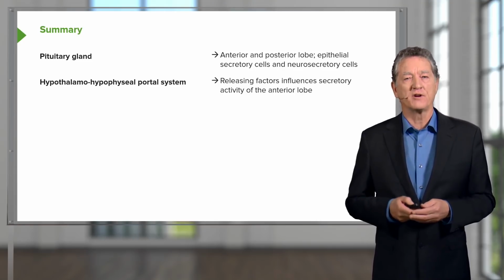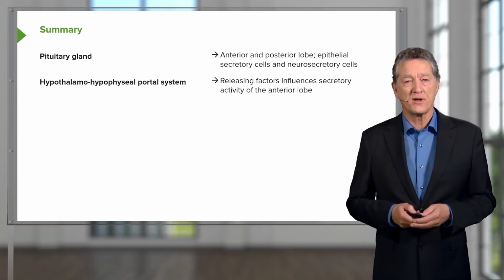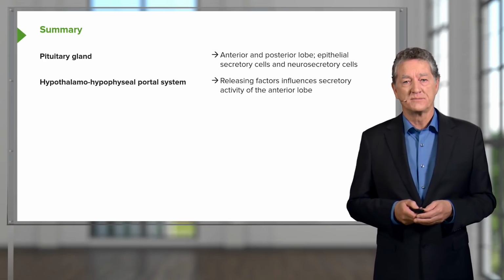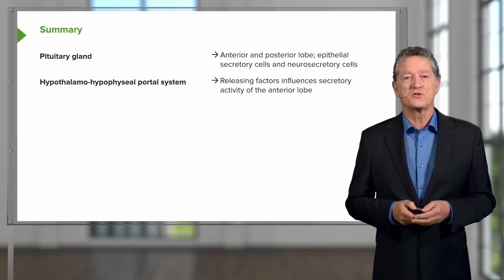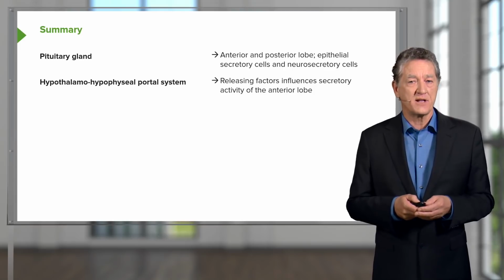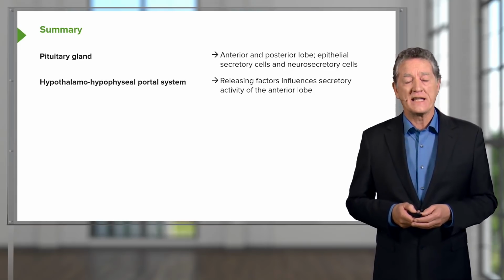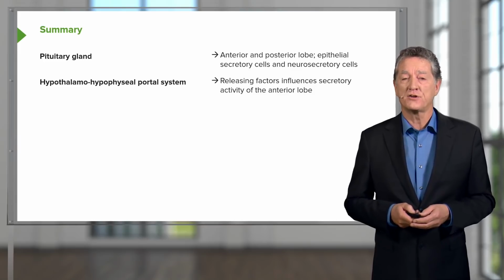It's also very, very important to understand the hypothalamo-hypophyseal portal system, and how that allows the communication between releasing factors from the hypothalamus and also factors from other parts of the central nervous system, how those releasing factors can either stimulate or inhibit cells in the anterior pituitary and therefore control their function.